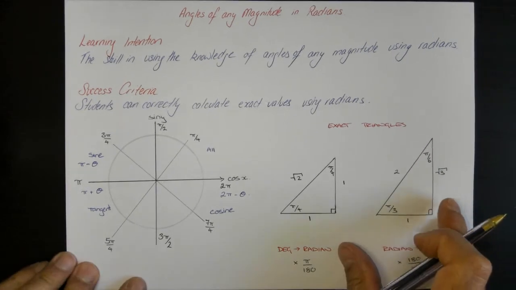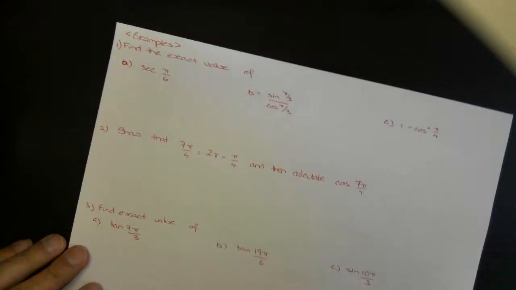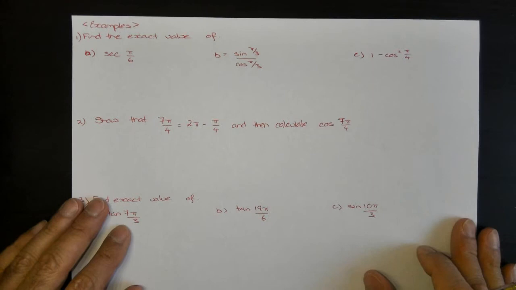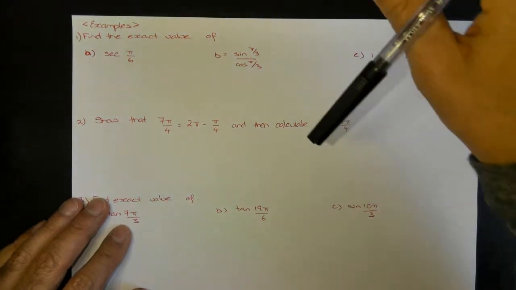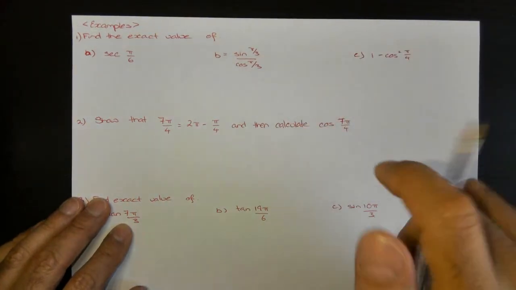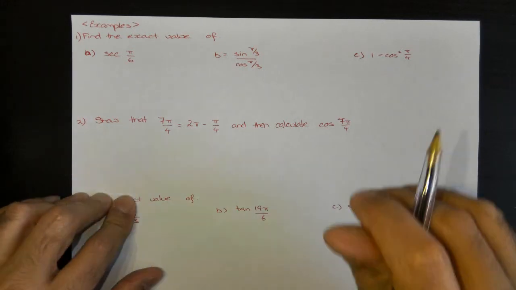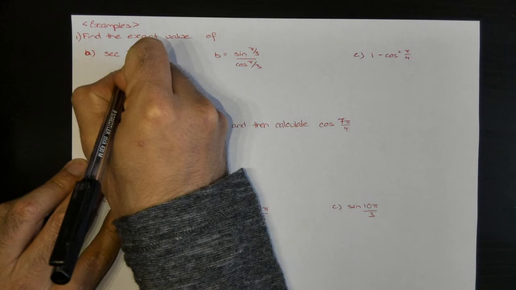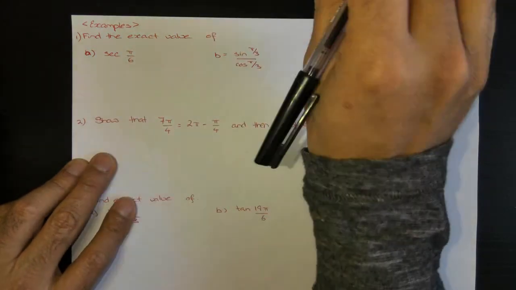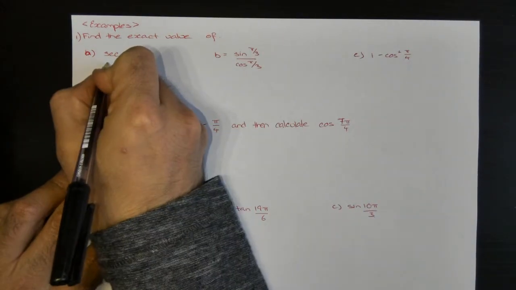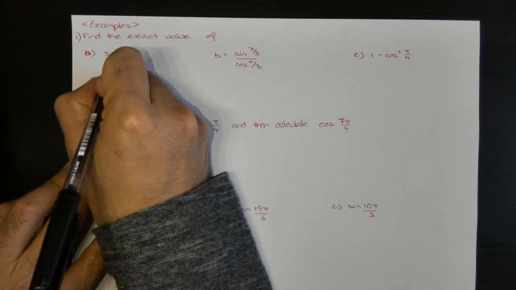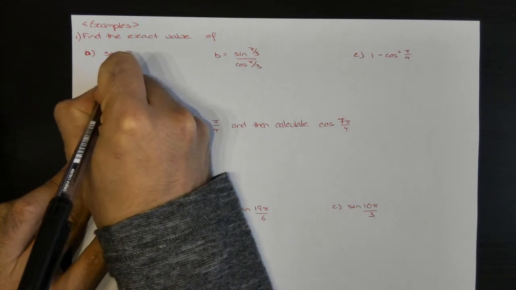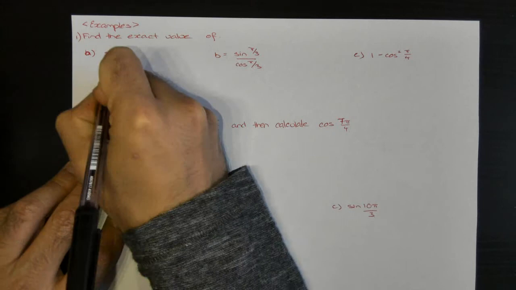Okay, let's do some examples. Alright, we want to find the exact value of sec pi on 6. So pi on 6 is 30 degrees. So we're going to use our exact triangles. And sec is the reciprocal, 1 over cos theta.